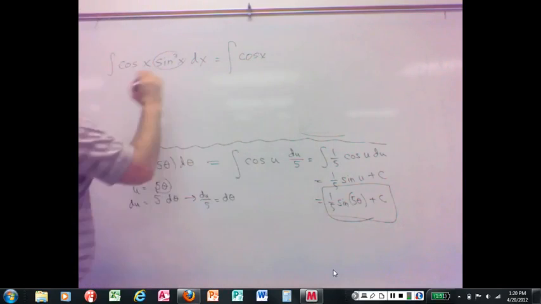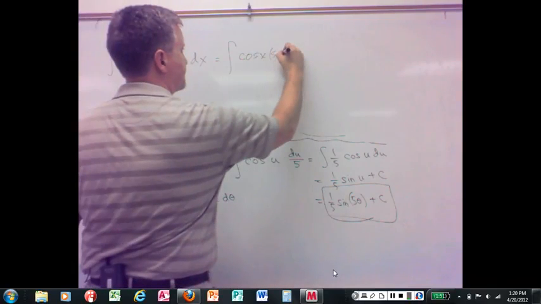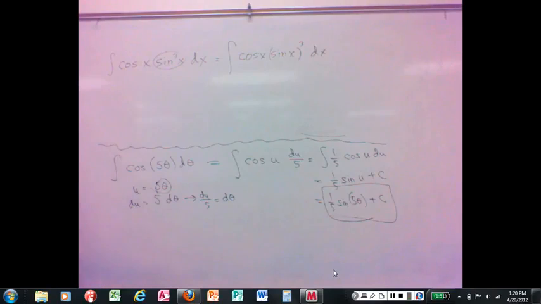If I rewrite this, sine cubed x means sine of x to the third power. Sine of x in parentheses to the third power. Rewriting it as such, this is a pretty complicated integral as far as the function there is concerned.